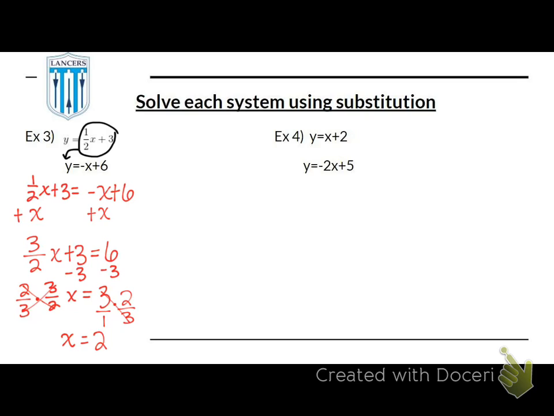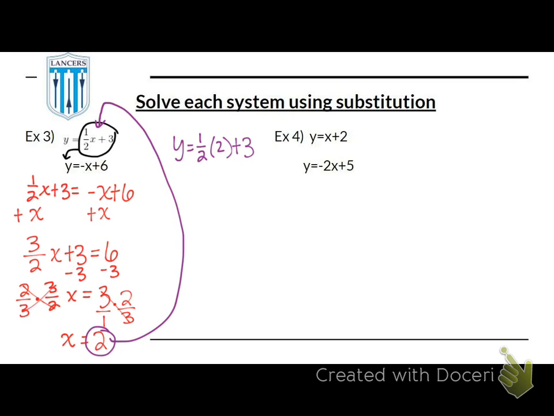After we solve for x, we are going to take that number and pull it all the way back up to the top and plug it in for x in the original problem. Which means we would have y equals 1/2 parentheses 2 plus 3.